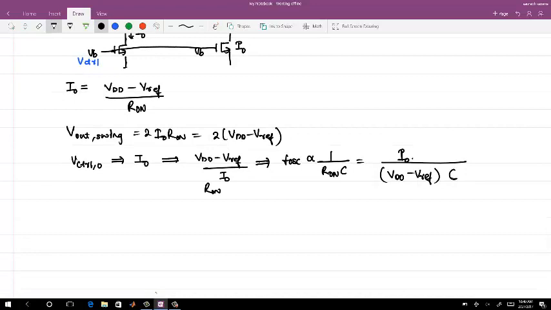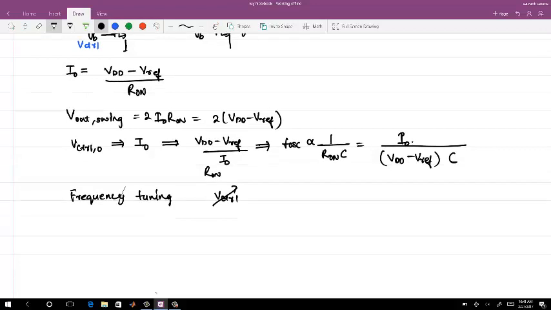Now if I want to change the oscillation frequency, delta F, that is frequency tuning, I will vary V control.